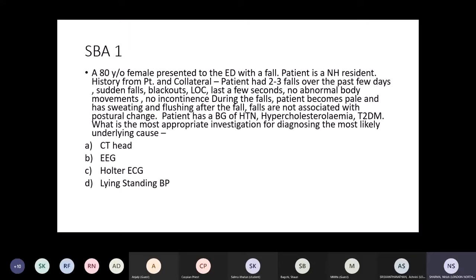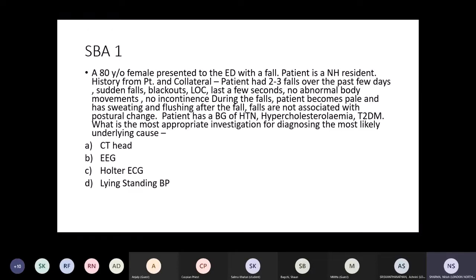So let's start with an SBA. An 80-year-old female presented to ED with a fall. The patient is a nursing home resident. History from the patient and collateral from the nursing home tells that the patient had 2 to 3 falls over the past few days, including blackouts and loss of consciousness lasting a few seconds, no abnormal body movements, no incontinence during the falls, but the patient becomes pale and has sweating and flushing after the falls.